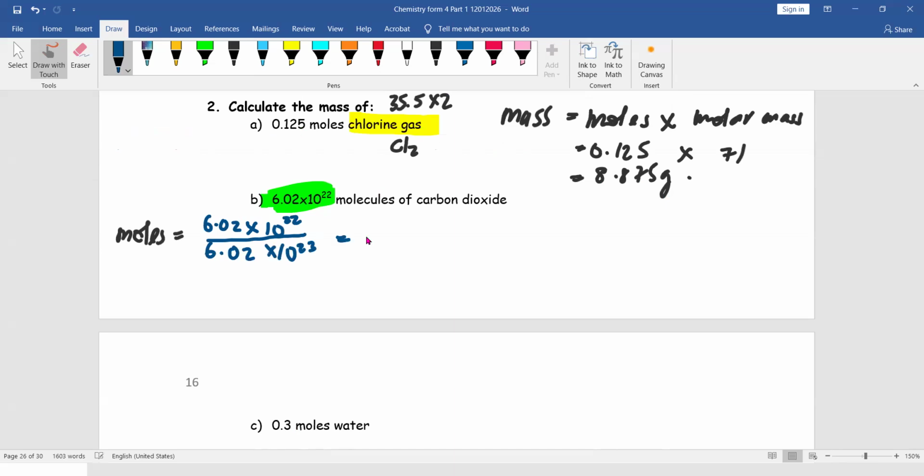How many moles is that? 0.1 mole. That's it. Do you know how to press this value on the calculator? Do you know how to press exponent on your calculator? Yes. Okay. So you press 6.02 exponent 22, divide by 6.02 exponent 23. You will get 0.1.